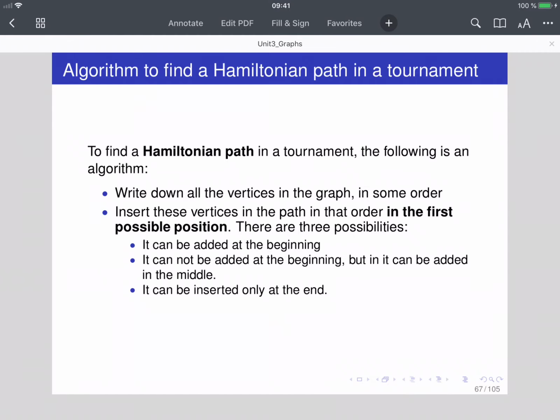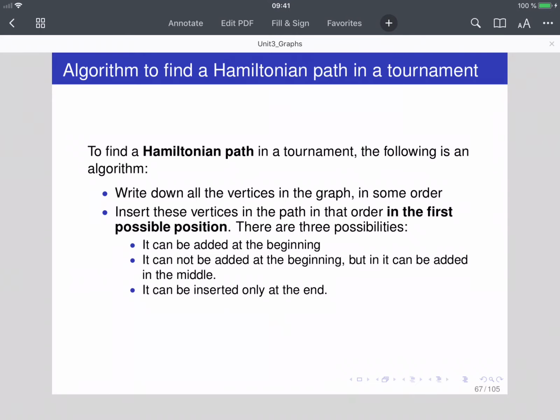Okay, we choose an order. And then we are going to try to insert the vertices in the path in that order, in the first possible position. So we take the next vertex in the list, and we write a path in which we insert each of these vertices in turn.